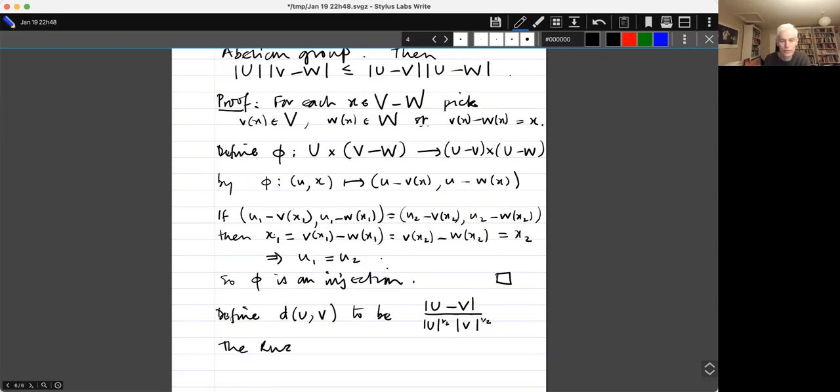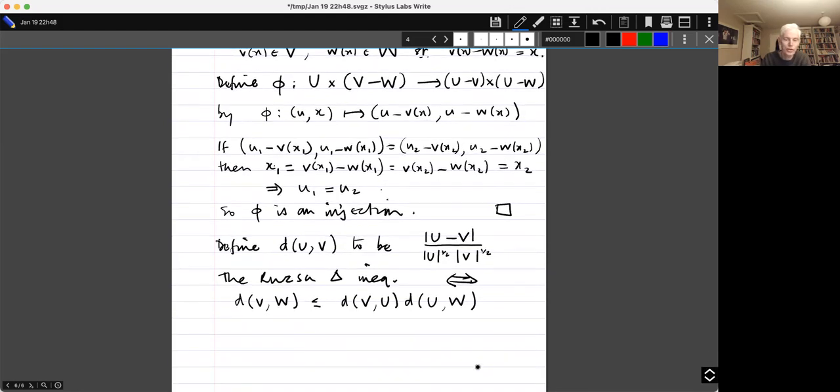So the Ruzsa triangle inequality is equivalent to the statement that the distance from v to w, so that's what I had to divide by u times the root of the size of v times the root of the size of w, is less than or equal to, I'm assuming that the sets are all non-empty, the distance from, let me write it as from v to u, times the distance from u to w.